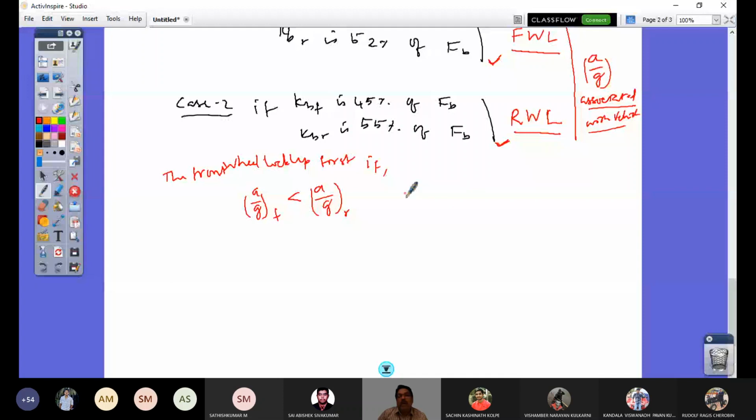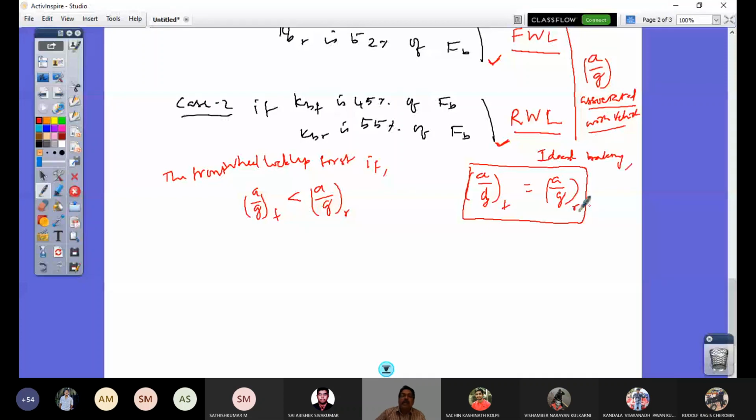When both the wheels lock simultaneously, what is the condition? I require the deceleration achievable in both scenarios to be the same. This is the required ideal condition, ideal braking.